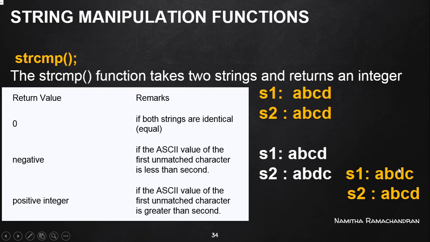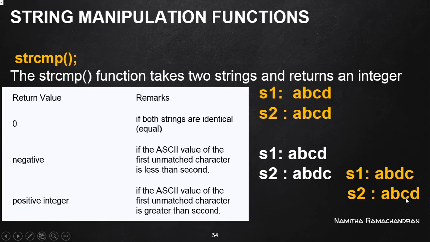Now here ASCII of this is not equal to this. ASCII of this one is greater than ASCII of C because C comes before D. So this D has a higher ASCII value, and a larger value minus a smaller value always returns a positive. A non-zero positive integer is returned here.